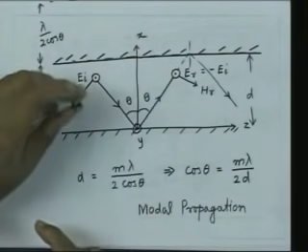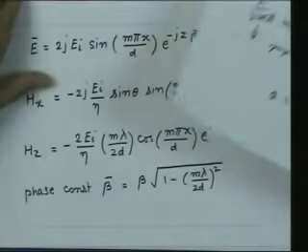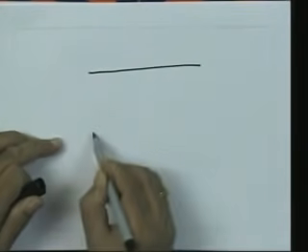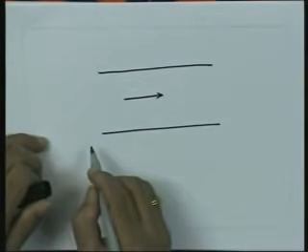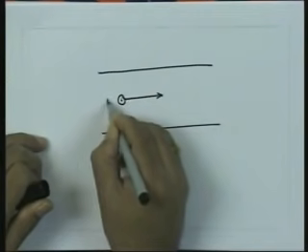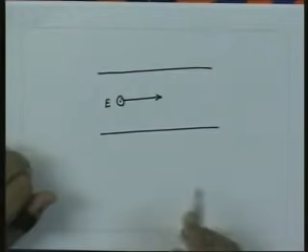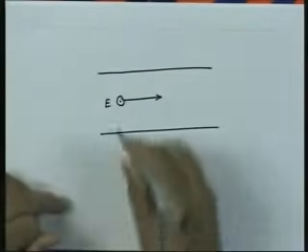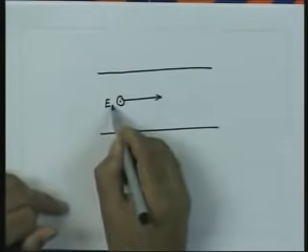So if I have an electric field like this and the wave goes like this, these are the two parallel plane boundaries, and if I try to launch a wave inside this which has an electric field perpendicular to this, with m equal to 0, this is my E incident.